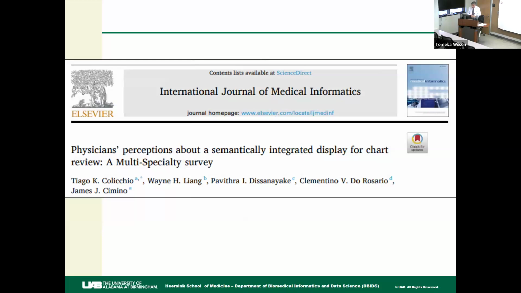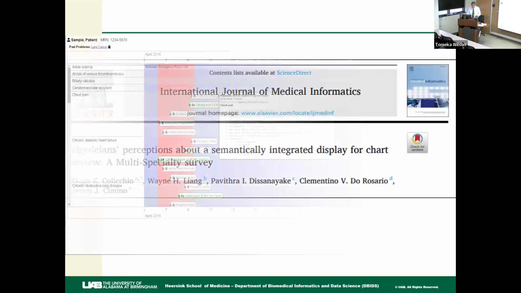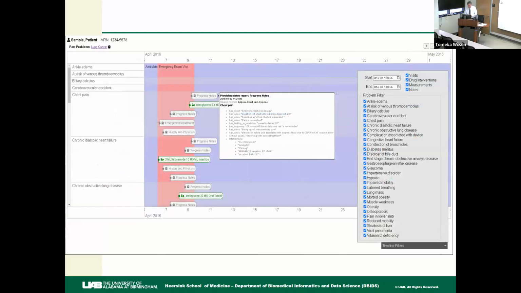And then again, continuing to look at how we provide some kind of integrated display, Tiago did some work on surveying physicians to see what they thought about various ways of looking at data. This is the version that we have now and currently in development. All you have to see is that there's a timeline, and you can expand or shift the timeline however you want.